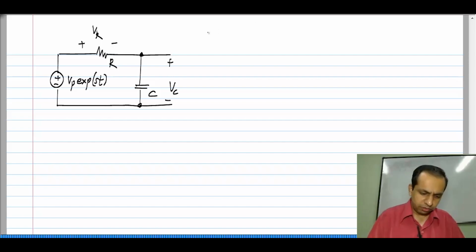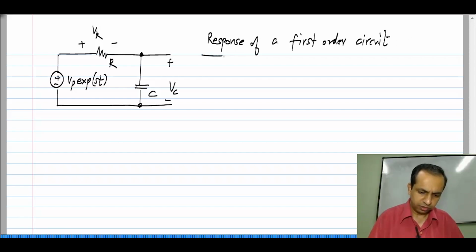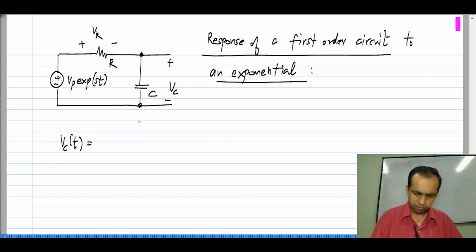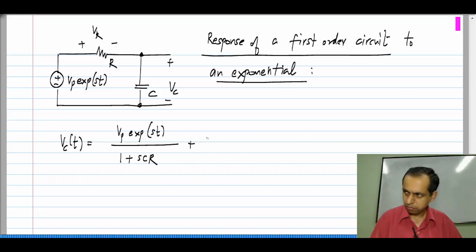Now, we know that the response of a first order circuit, of which this RC circuit is an example, is this.